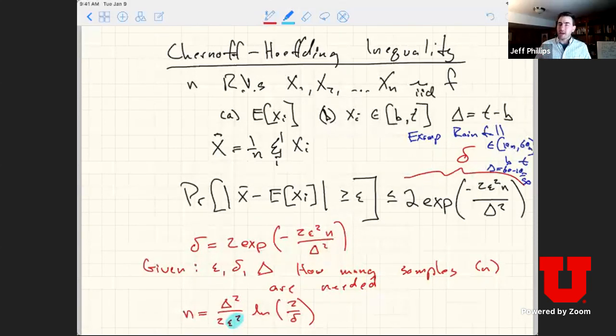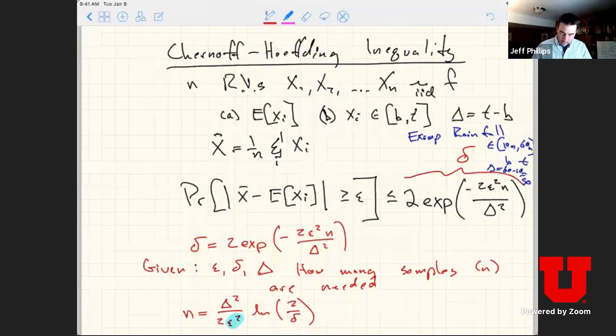That's basically what it takes to get an error tolerance epsilon for a quantity on some scale. As epsilon decreases, the number of samples increases quadratically. This is central to the central limit theorem: to get the standard deviation of your concentration to go down, it scales with 1 over square root n. So this is a fundamental property.